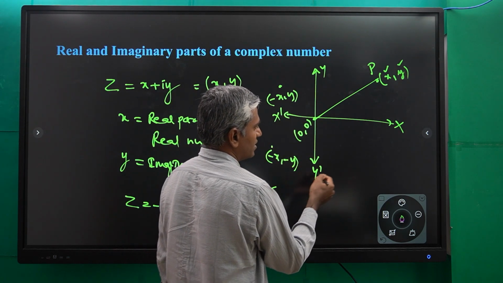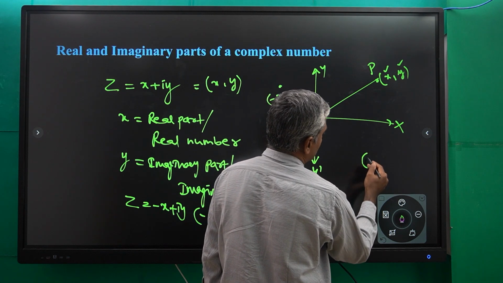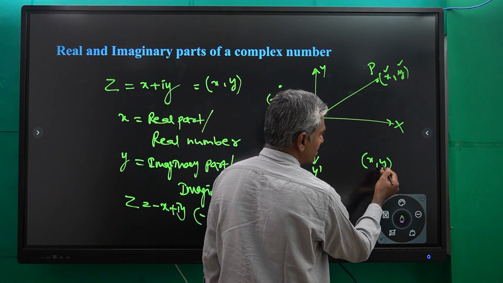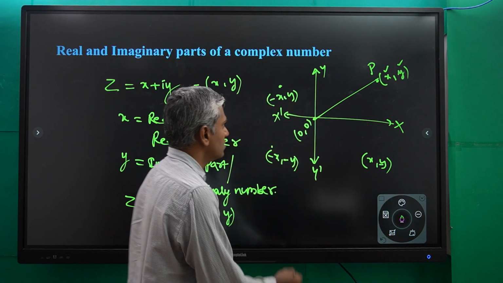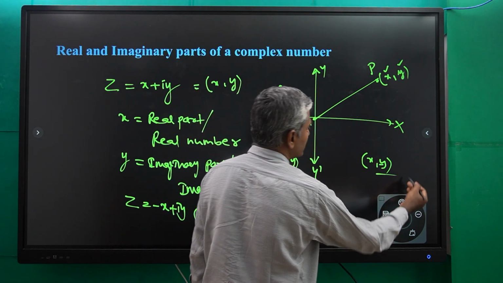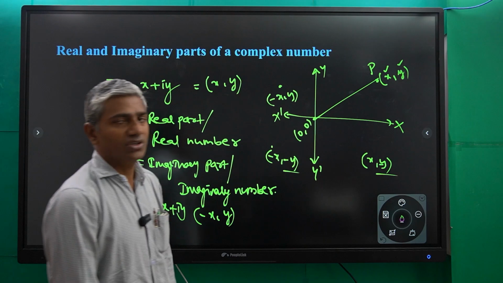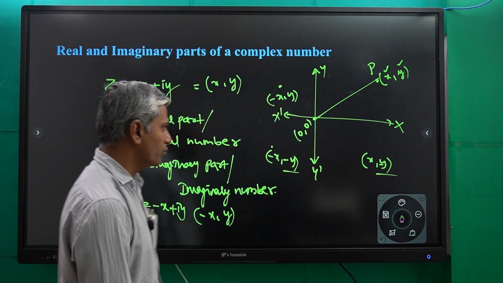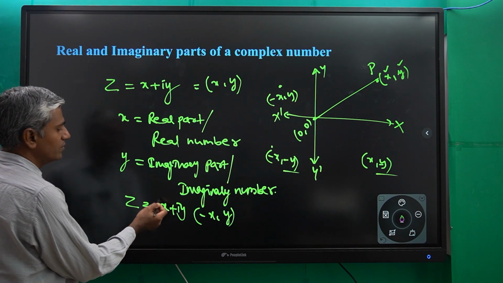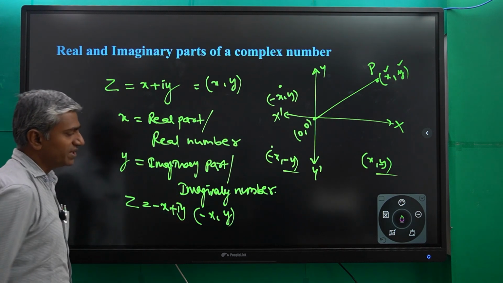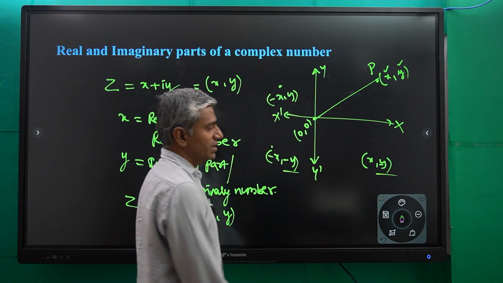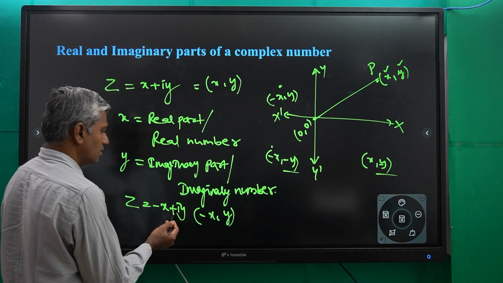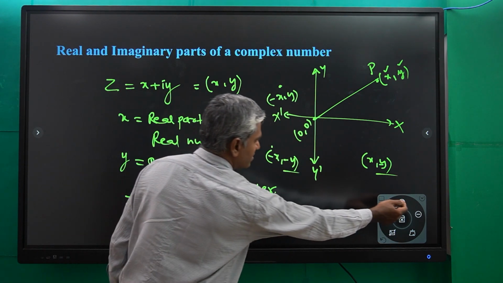When y is negative, these come under the conjugate of a complex number, which will be discussed later. But before that, focusing on the x value, x might be positive, x might be negative.